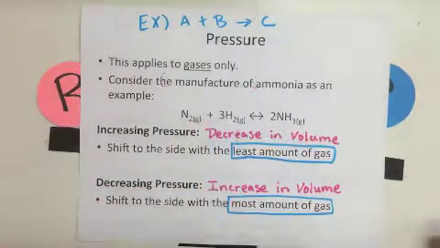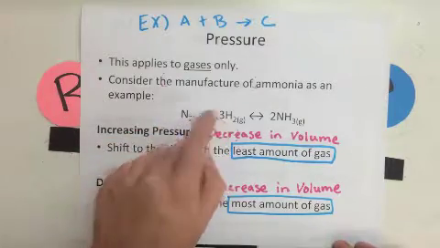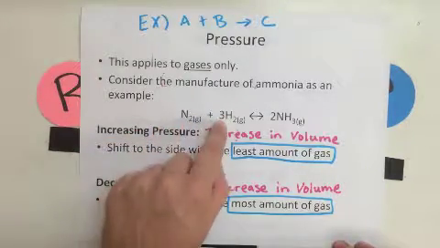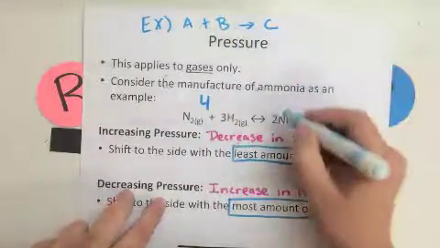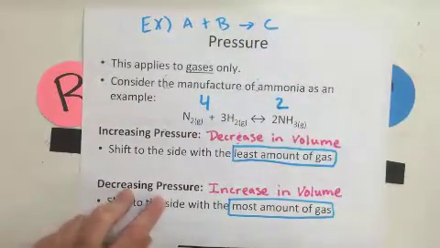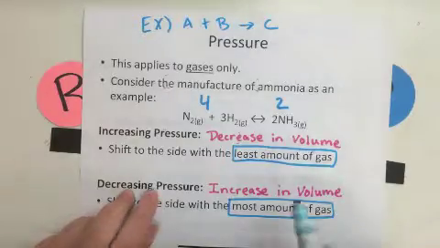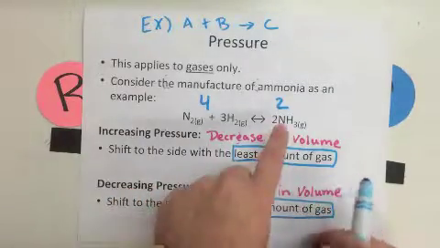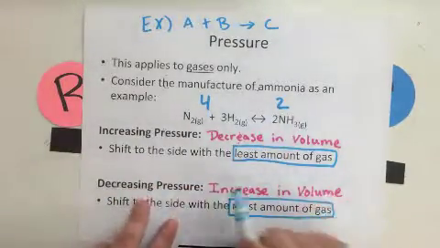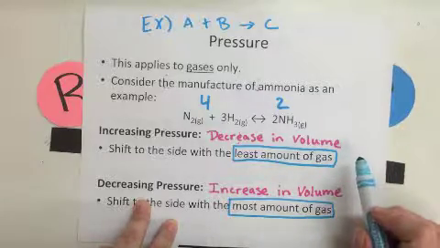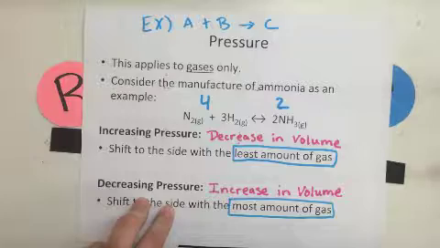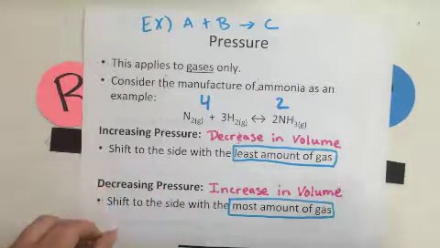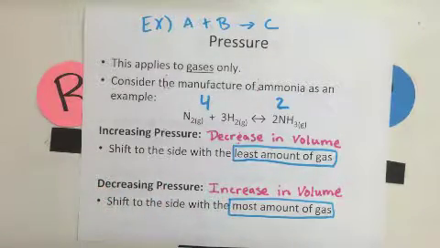So how do you know? You're going to look at your coefficients. So on this side you have 1 plus 3, which is 4. So you have 4 molecules of gas on this side and 2 molecules of gas on this side. So least amount of gas is over here. So that means you would shift to the right. Okay? For this example only. You cannot memorize an increase in pressure always goes to the right. Okay?